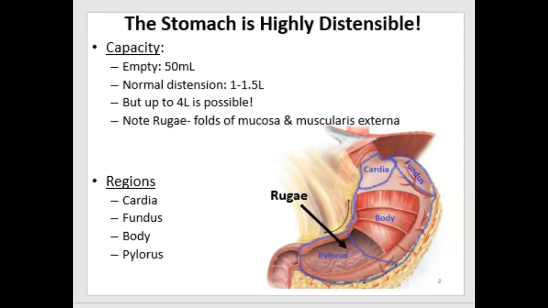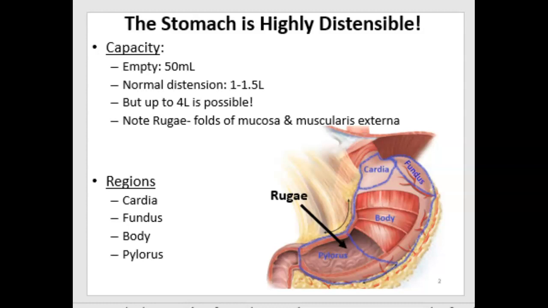Okay, now some anatomy. There's 4 regions of the stomach. The cardia surrounds the opening from the esophagus. It's outlined in purple there with the word cardia. The dome-shaped part that tucks up against the diaphragm is called the fundus. So this is the diaphragm right here. Put a D there for diaphragm. And the main portion, the middle portion, I guess, is the body, the largest portion.